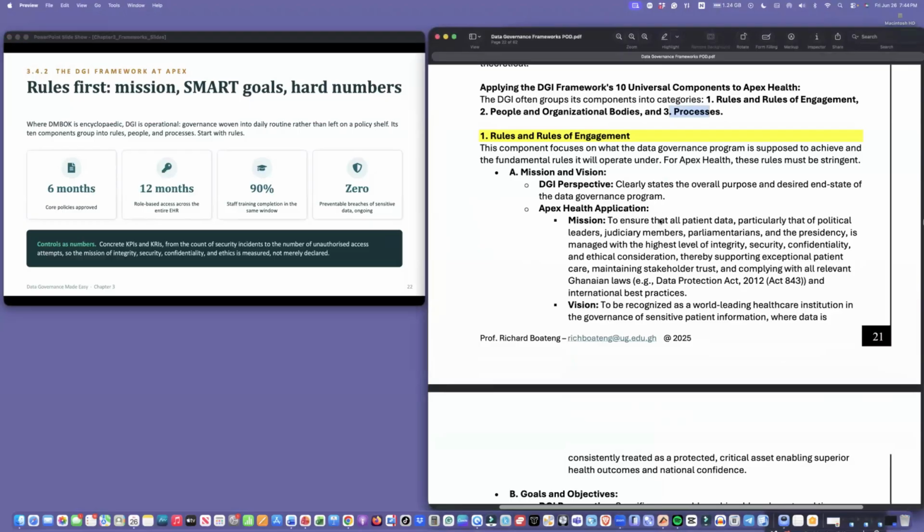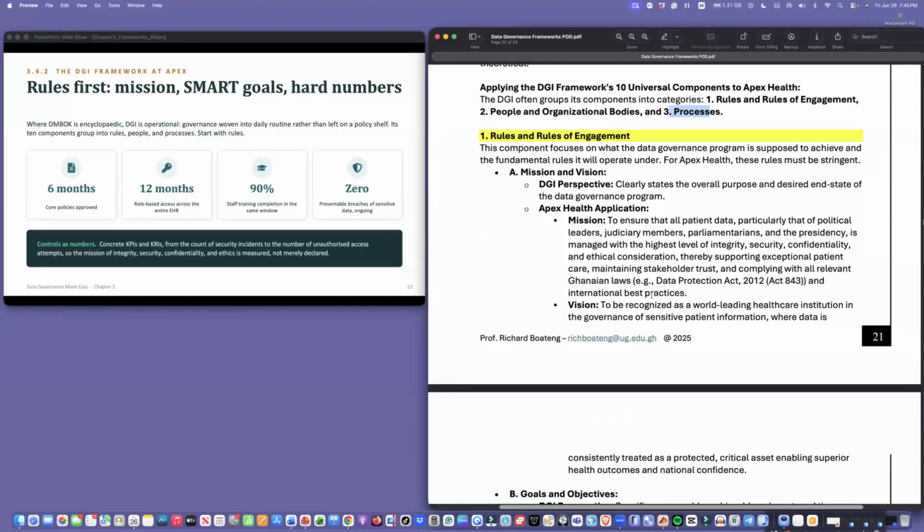So they will need to ensure that all patient data, particularly that of the political leaders, judiciary, parliamentarians and presidency, is managed with the highest level of integrity, security, confidentiality, and ethical consideration, thereby supporting exceptional patient care, maintaining stakeholder trust, and complying with all relevant Ghanaian laws. That's an international best practice because it's an international hospital too.